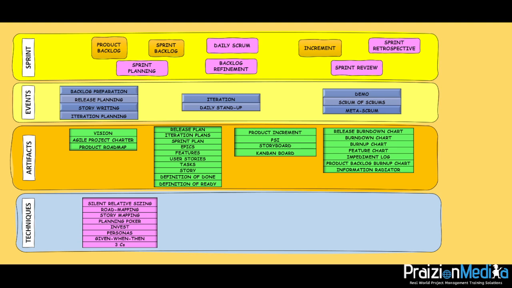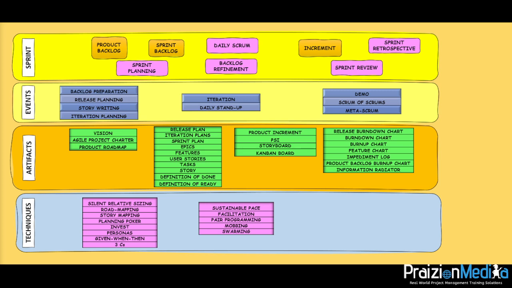It's an archetype user representing a set of similar end users described with their goals, motivations, and representative personal characteristics. Here we have given, when, then, and the given, when, then approach is used when we are developing acceptance criteria for user stories. We also have the concept of the 3 C's, the card, the conversation, and the confirmation.